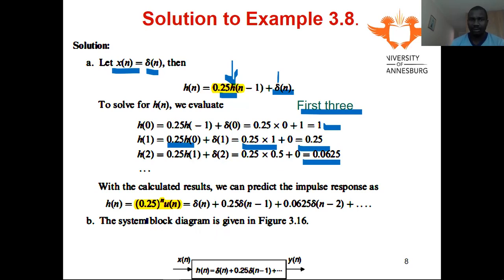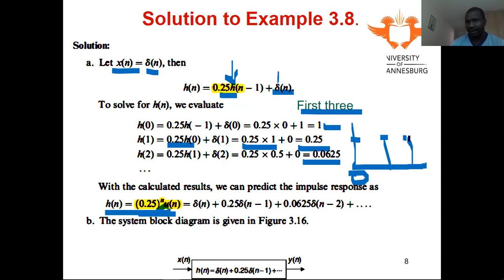So if you multiply by 0.25 throughout, you are raising it to n, and you use it as a unit step function. Remember, a unit step function is something which goes like that: from 0, you get ones all the way.